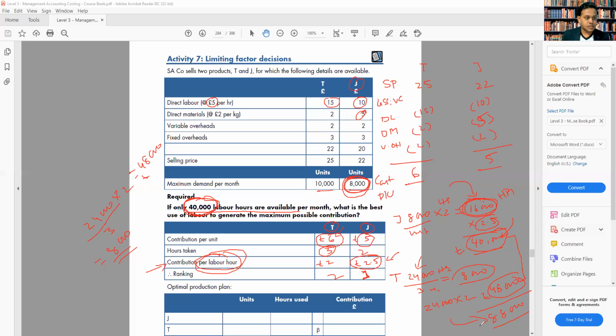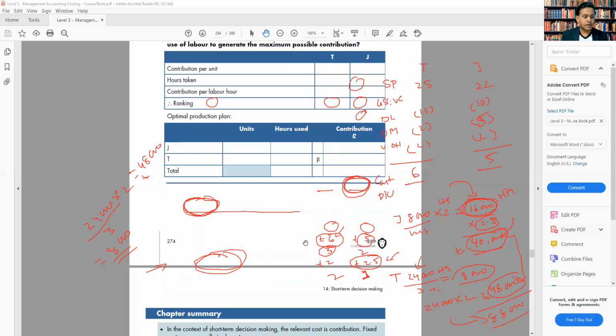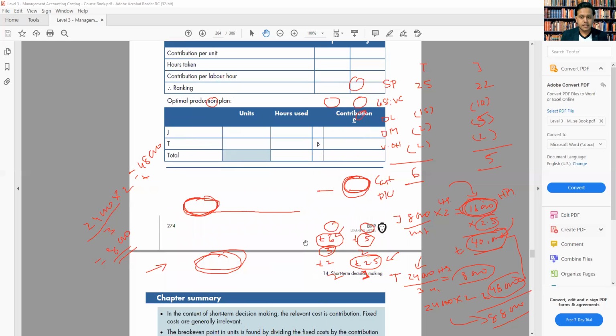Got it, Joseph? So let's move on to this one. Here we just need to fill all of this. We can see they're asking for the optimization plan. So we need to say 8,000 units, and the hours is 16,000, and the total contribution 40,000.